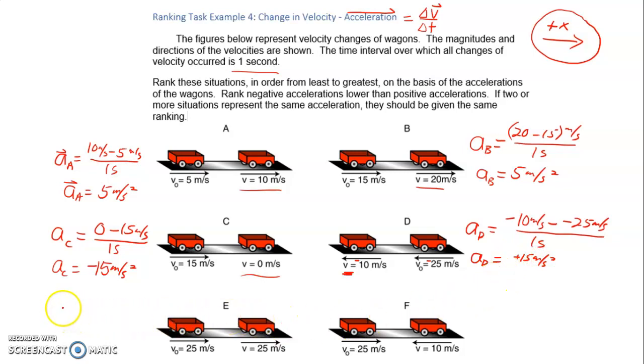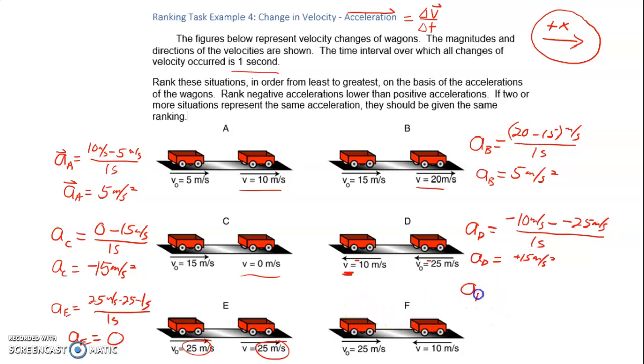For E, it is 25 meters per second minus 25 meters per second over 1 second. Or if we just looked, we see the velocity is the same before and after, and so the acceleration is 0.